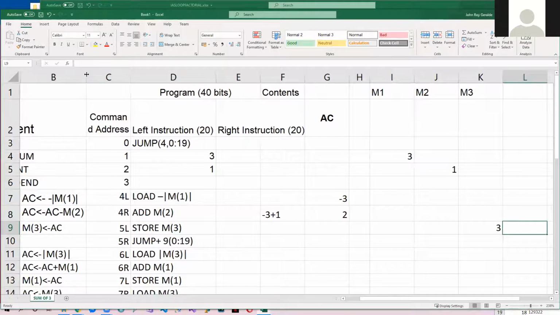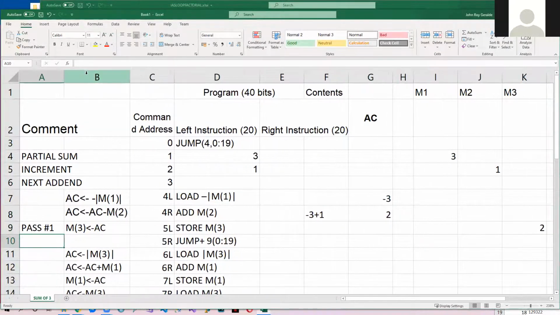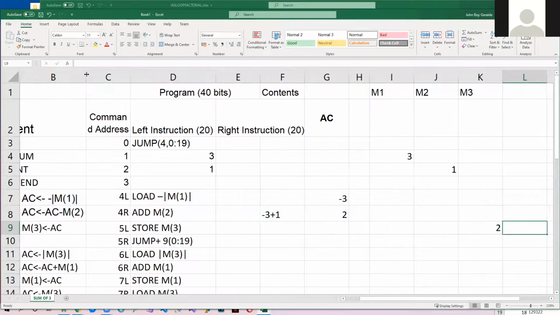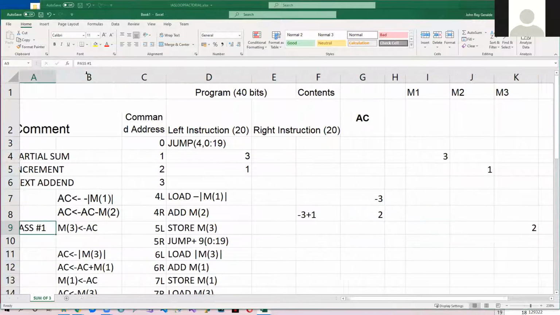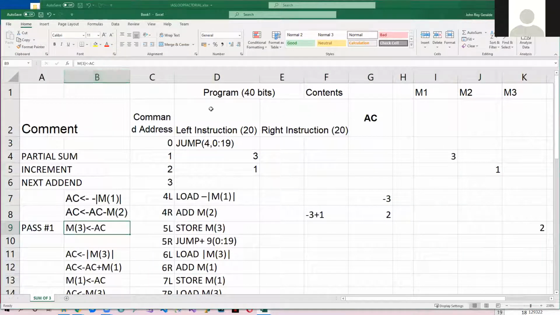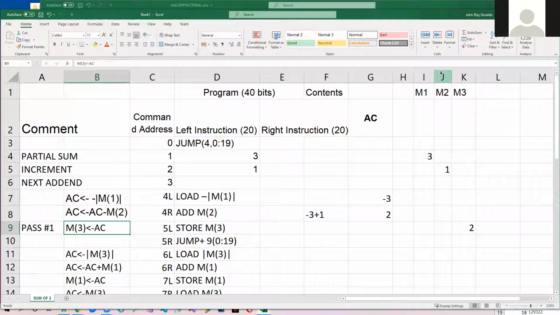Because we had add M2, negative 3 plus 1, store M3, so this becomes a 2. It's not a 3. I made a mistake there. Let's shorten this so that it doesn't move. Do you follow, anyone? Any questions? None? So anyway.